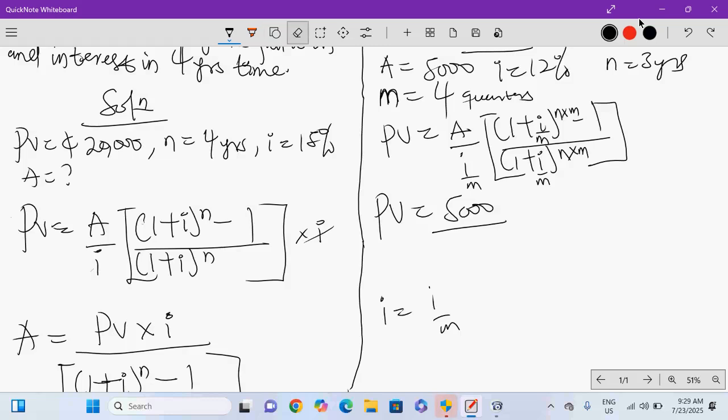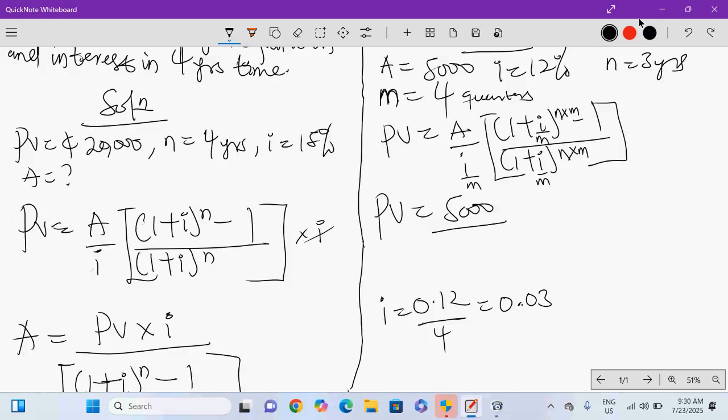So what is the i? The i is 12%. So 12% is given as 0.12 divided by how many quarters? 4 quarters. 0.12 divided by 4 quarters. What do you have? 0.03, right?